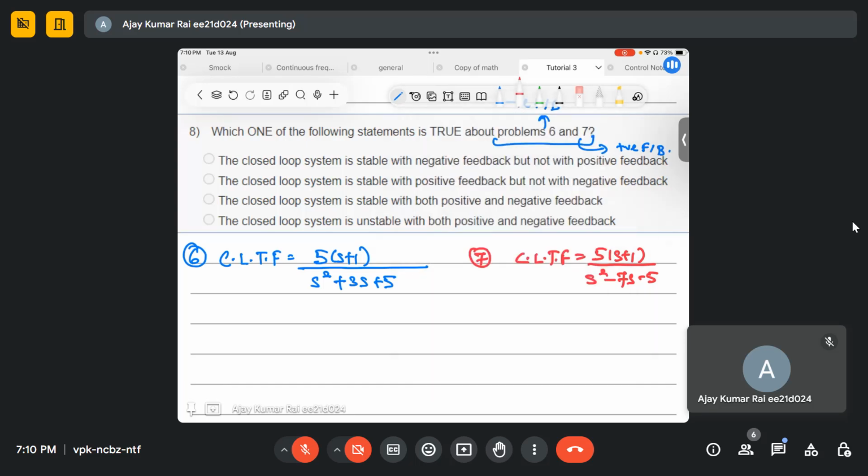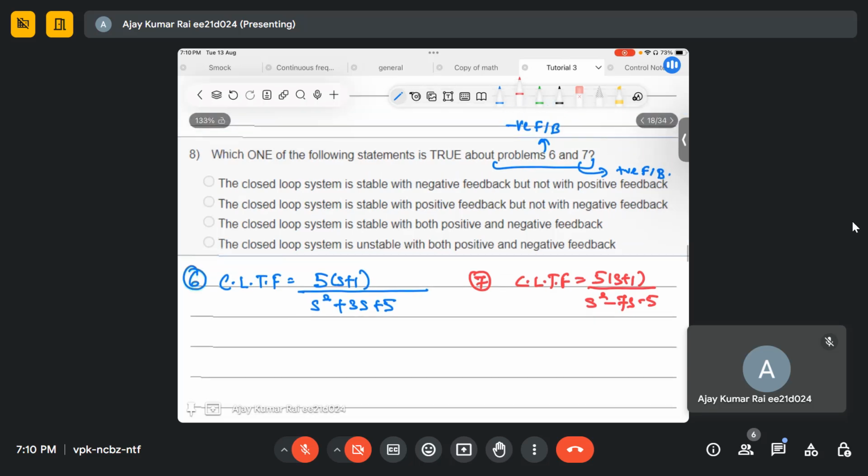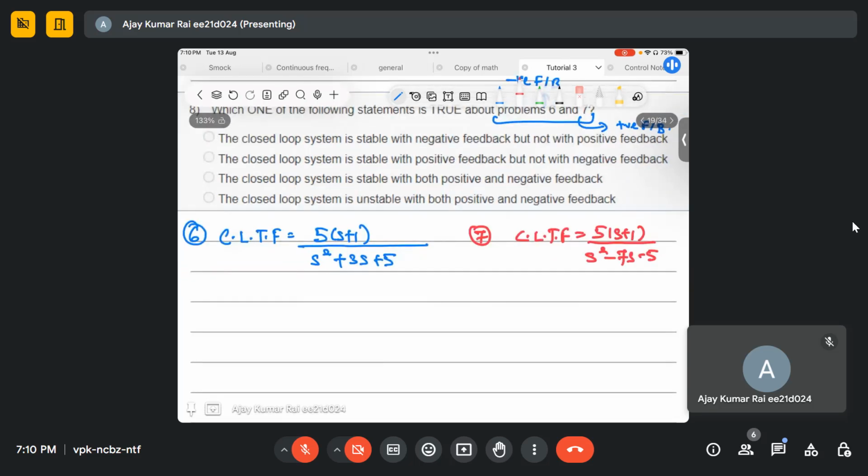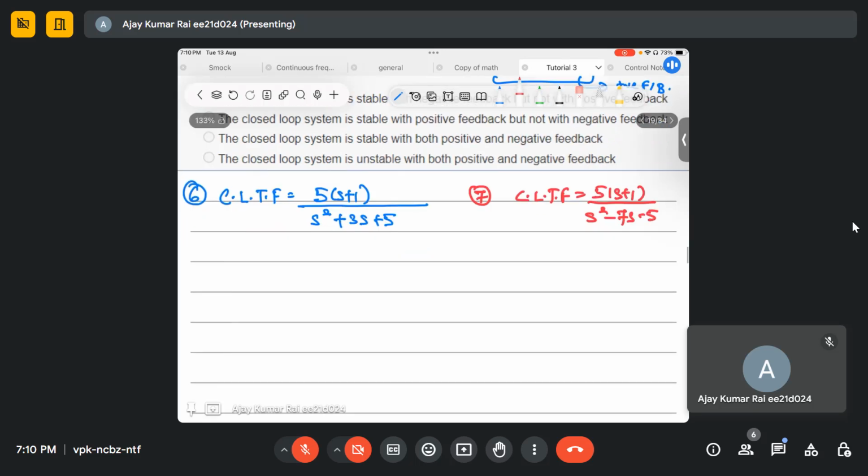To find out whether the system is stable, we have to find the roots of the denominator, the poles, and check whether the poles are lying on the left hand side or the right hand side. If they are lying on the right hand side, we say the system is unstable. So for that we have to find the roots of this.